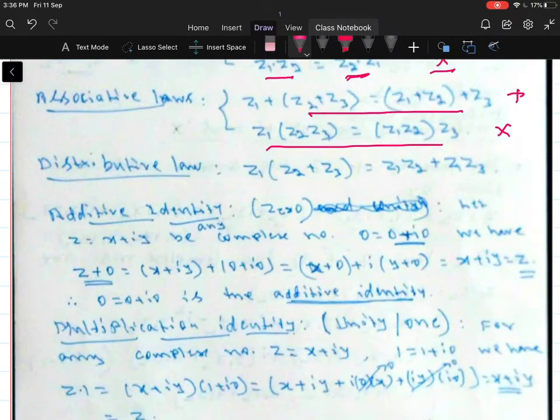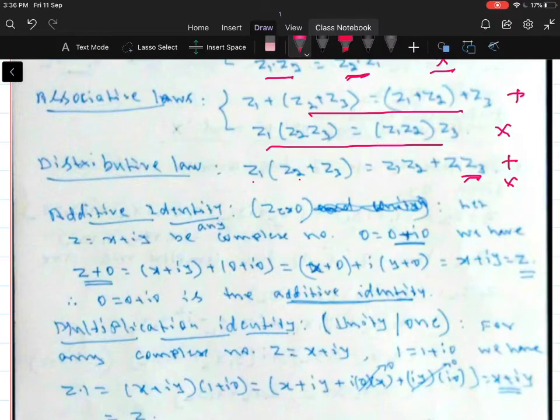Similarly, with respect to multiplication also it is true: z1 into (z2 into z3) is equal to (z1 into z2) into z3. Now let us move to the distributive law. This property holds with respect to addition as well as multiplication: z1 into (z2 plus z3) is equal to z1 into z2 plus z1 into z3.